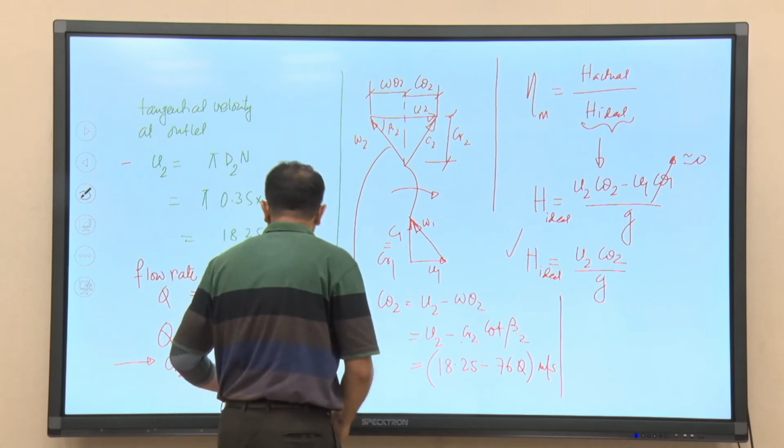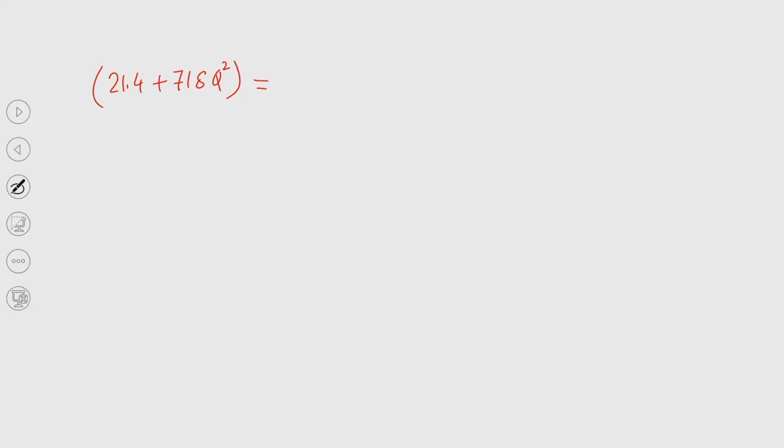So, can't we write that this is nothing but U2 C theta 2 by g, okay, minus... This is the head that we are expecting to get from the pump following the Euler equation, but this much amount of head we are not going to get.